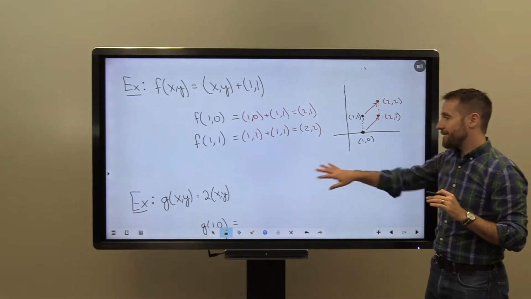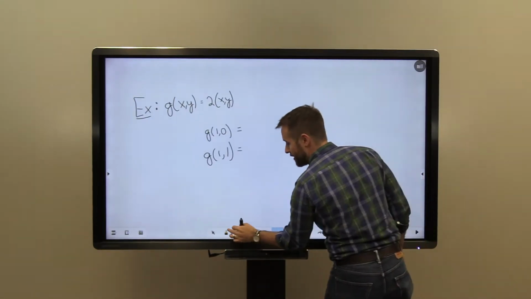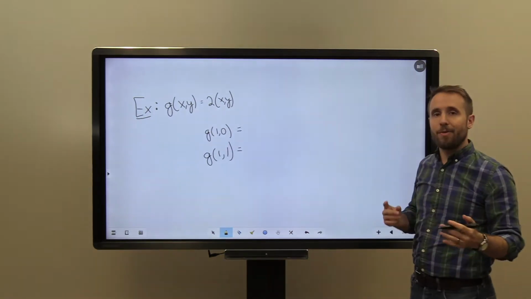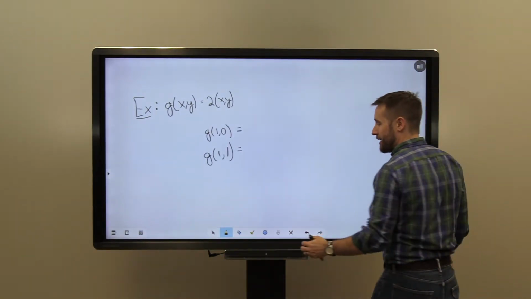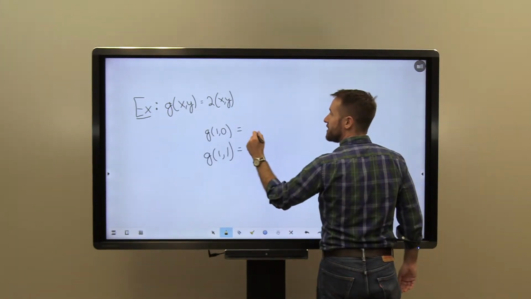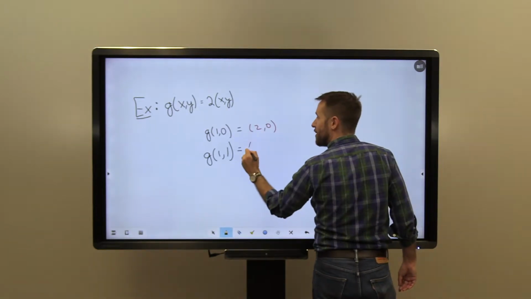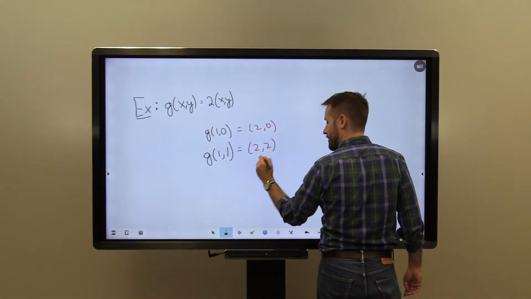Now, let's compare that to this function down here, which we'll pretty quickly see is not an isometry. We have the function g of x comma y equals 2 times x, y. And g of 1, 0 will become 2, 0 by scalar multiplication. G of 1, 1 will become 2, 2.